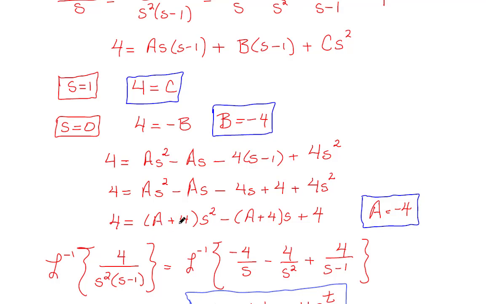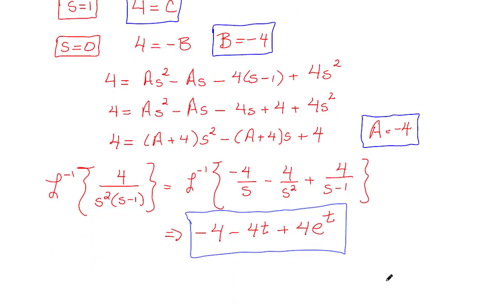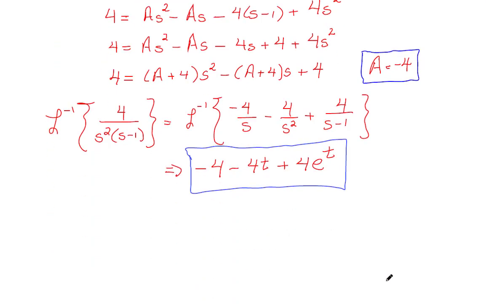I know that A plus 4 has got to be 0 because there's no s squared there. And similarly here, there's no s on the left. And that gives me A is minus 4. At that point, it's easy to get the inverse Laplace transform because these are things that we recognize. So some nice interesting properties of Laplace transform.